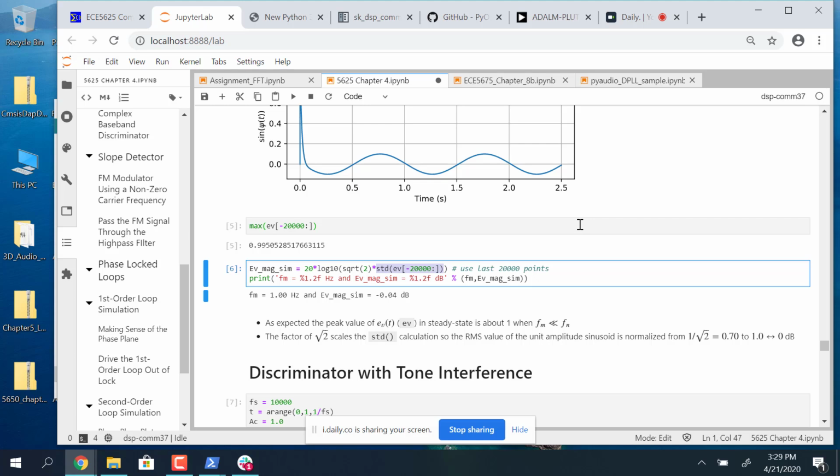So what is the RMS value of a sinusoid? If it's got an amplitude of 1, the RMS value is what? I'll give you 2 guesses, and one of them is obviously not right. Is it the square root of 2 or 1 over the square root of 2? You can type to me in Slack if you want to.